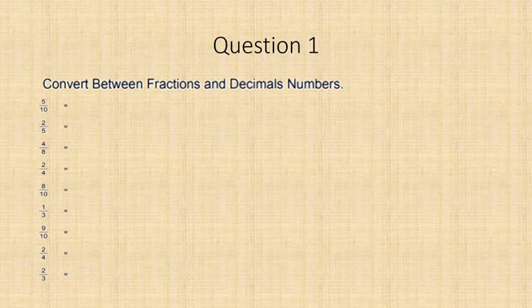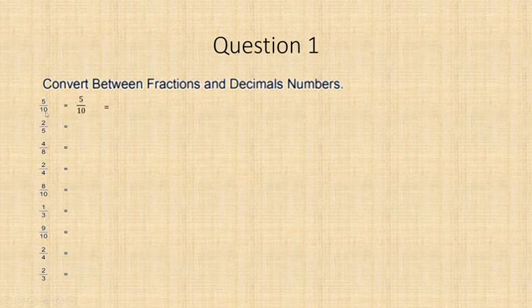So question number one here is 5 over 10. And you know, of course, that when I have a fraction like that where the denominator is 1 followed by zeros, no matter the number of zeros, I just write 0 point, and then check how many zeros there are.